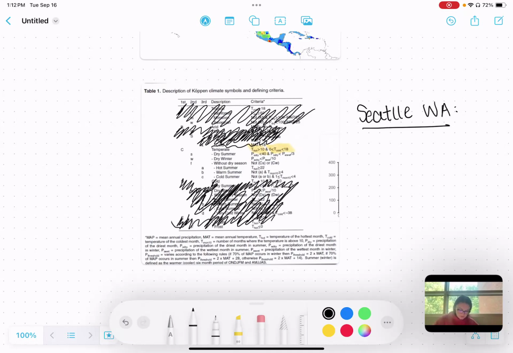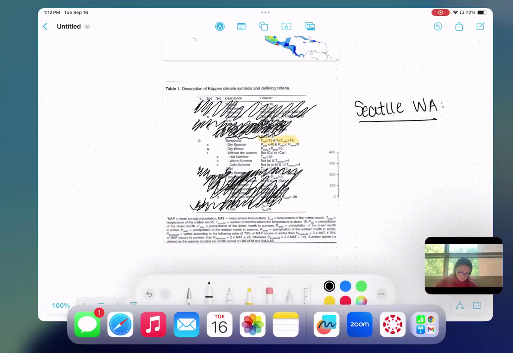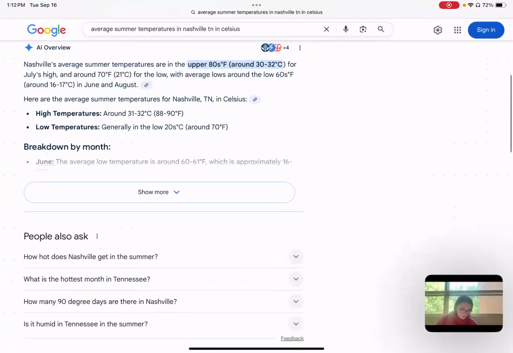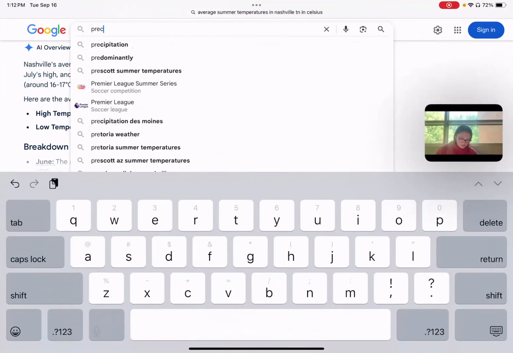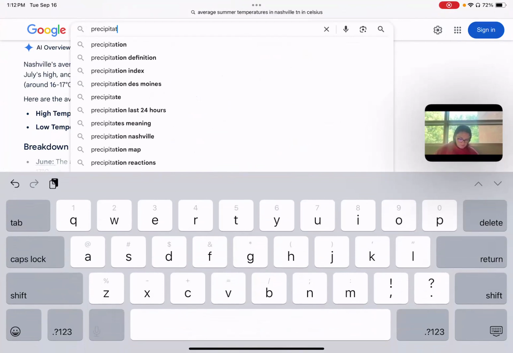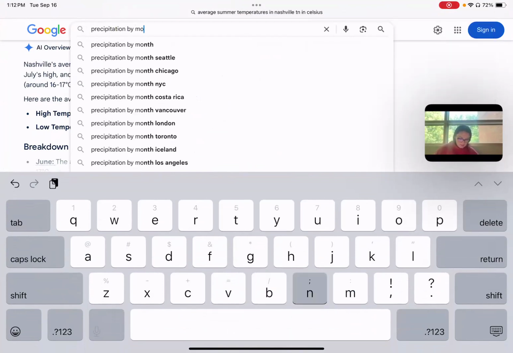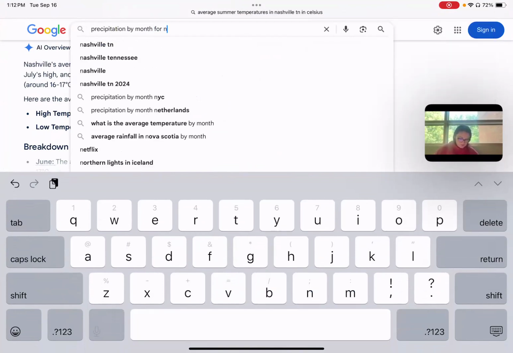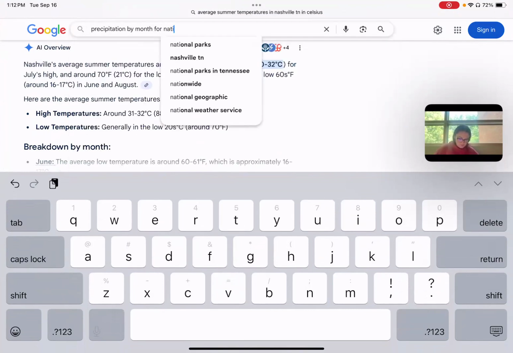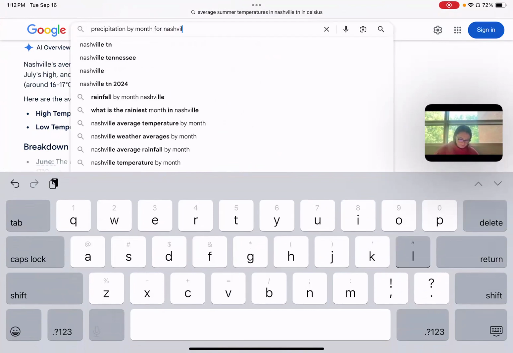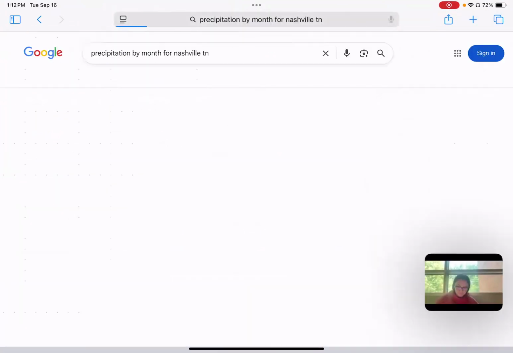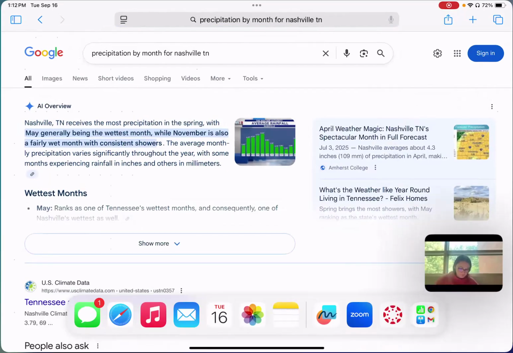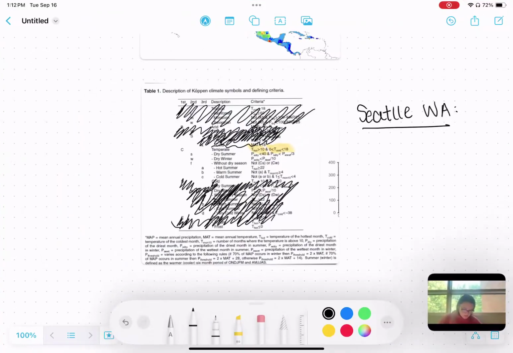So let's go and look at the precipitation by month for Nashville, Tennessee.